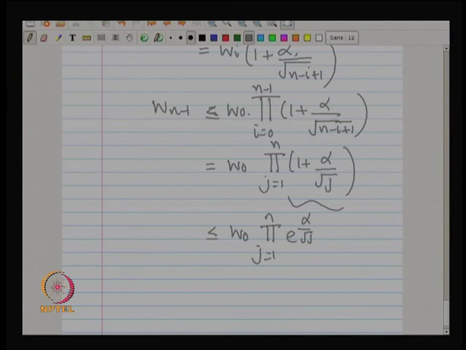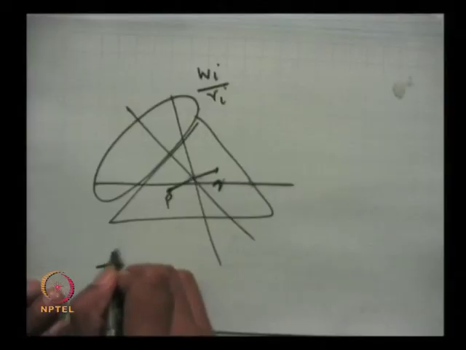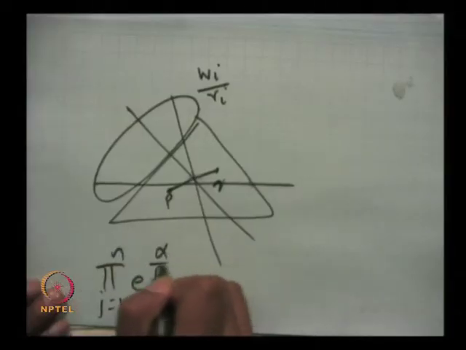Now, 1 plus x is less than e to power x. So the product becomes a sum in the exponent. W 0 is m, so this is m times the product over j equal to 1 to n of e to power alpha over root j.